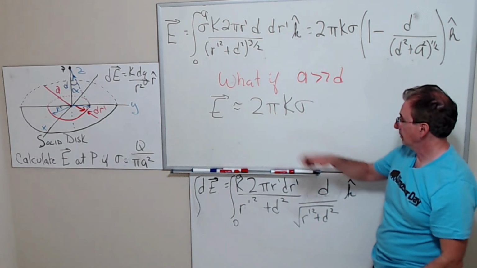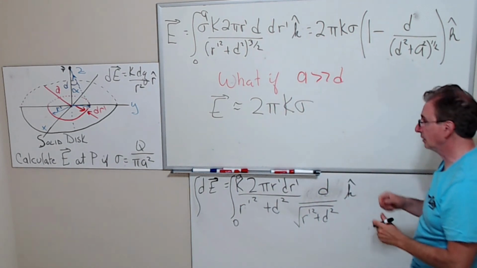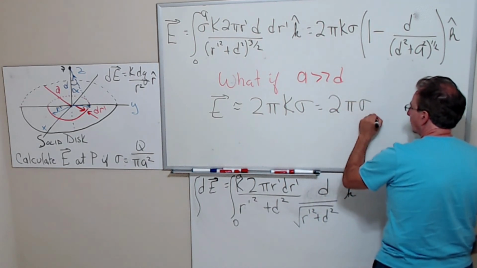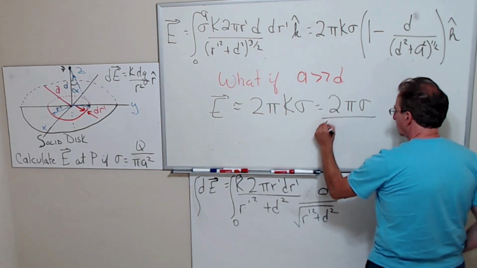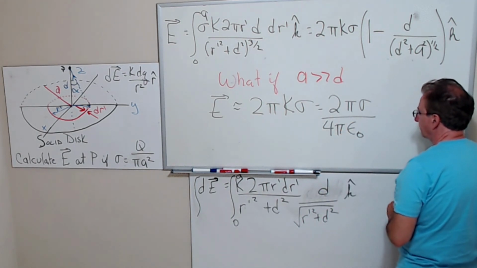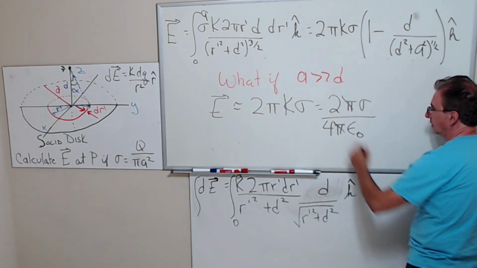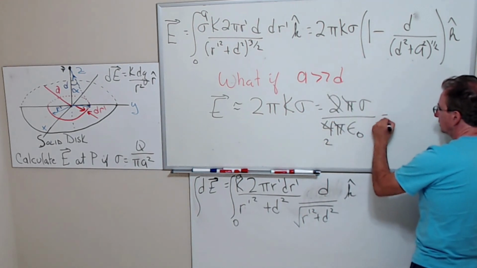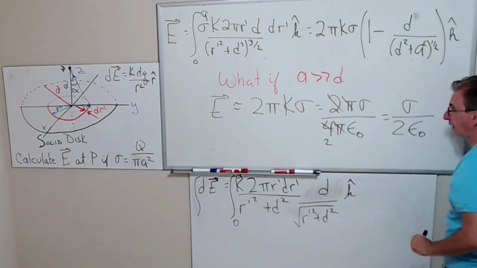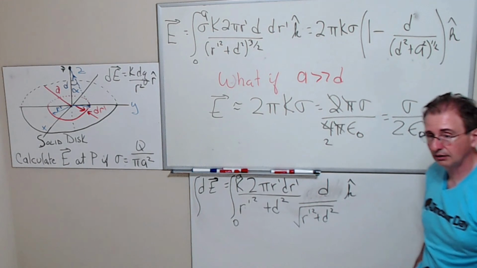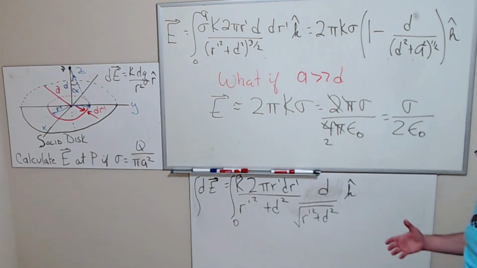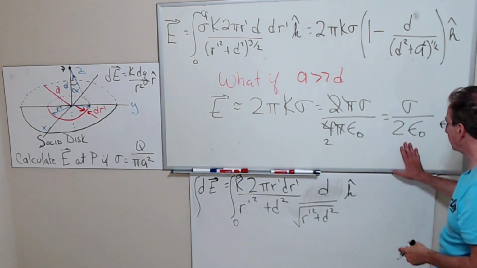Now, k can be written, if you remember, as 1 over 4 pi epsilon naught. The pi's cancel, and the 2's cancel. And so the field due to a large disk or a plane is given approximately by this expression.